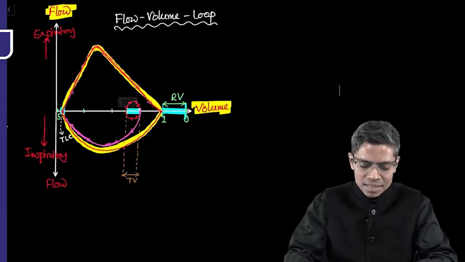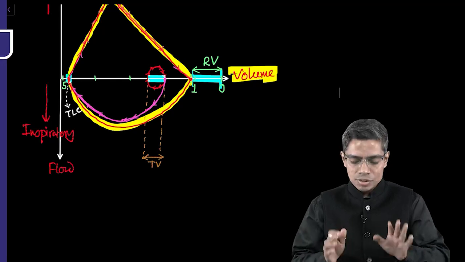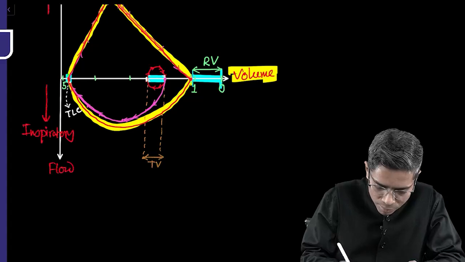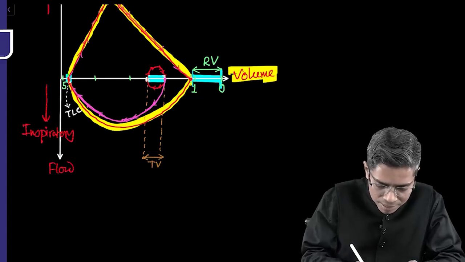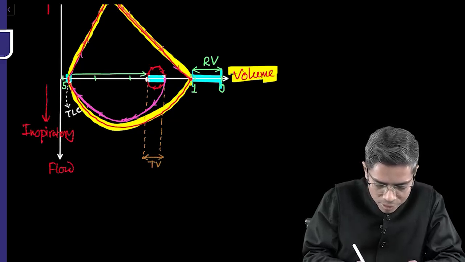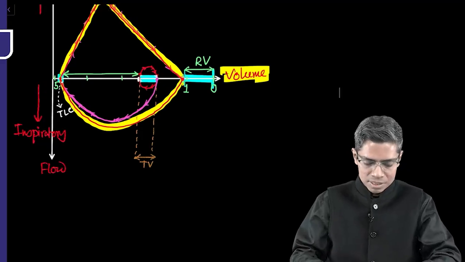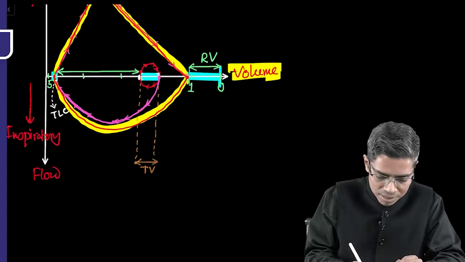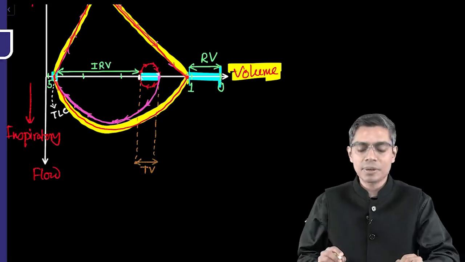Now in this flow volume loop you have understood what tidal volume is. If I ask you, from this tidal volume point, if I measure the volume up to this TLC point, what is the name of this volume? The extra volume which the subject is taking beyond this tidal volume is obviously your inspiratory reserve volume. Getting my point?